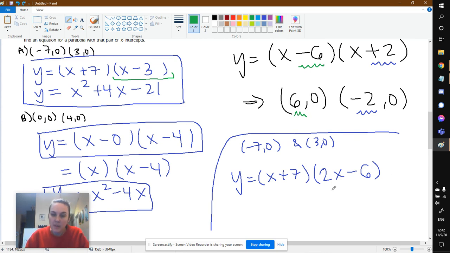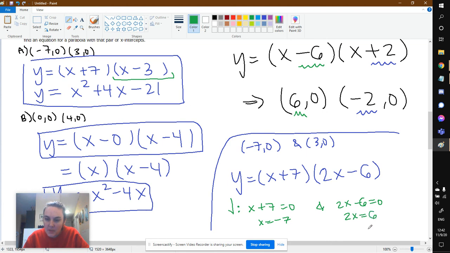The reason I know I can do that is if I check my work by setting each of these equal to 0, this still gives me -7. Good. This one, I'm going to add 6 to both sides, and then I'm going to divide by 2. This one also still gives me 3, right?